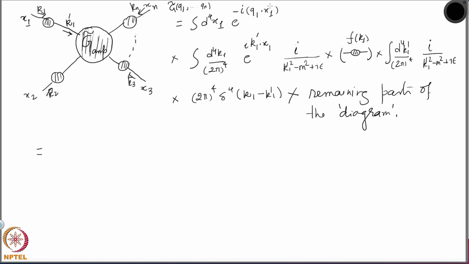You collect x1 and integrate over it, and that gives you 2 pi to the 4 delta 4 of q1 minus k1. Okay, I have made a slight mistake.